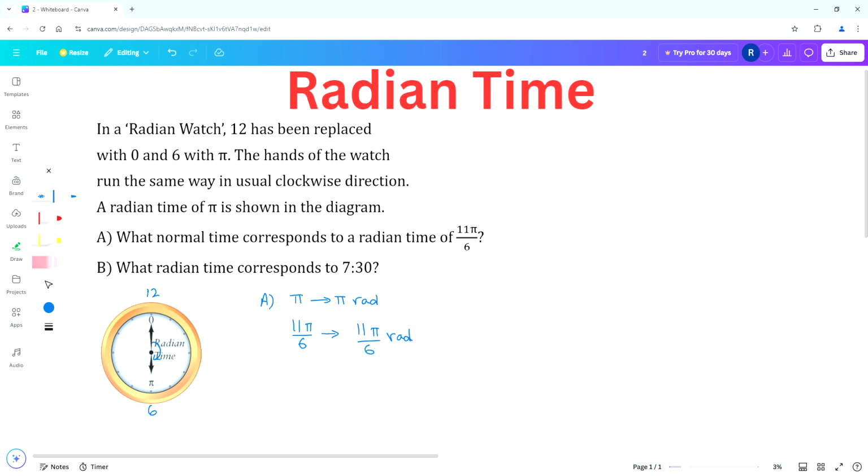As we discussed earlier, 6 hours on a normal watch are equivalent to pi radians. So we should convert 11 pi over 6 radians to hours. So we should multiply it by 6 hours over pi radians.